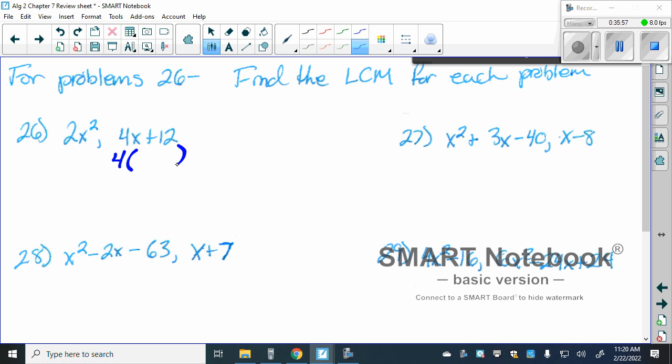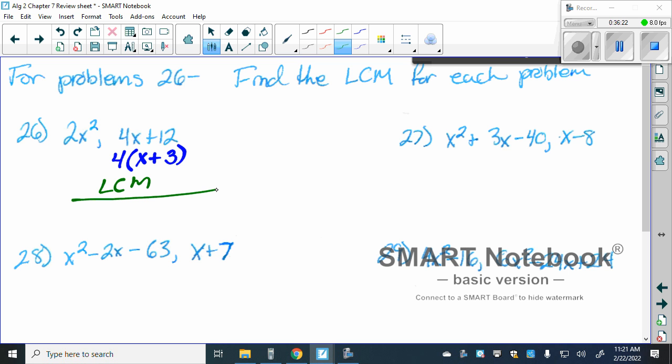And if I factor a 4 out of 4x, I'm left with x. And if I factor a 4 out of 12, I'm left with 3. So the 4 factored out of 4x plus 12 would give us 4 times x plus 3. And those would be as simplified as it gets.